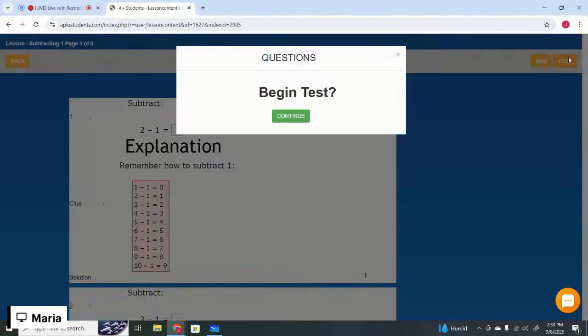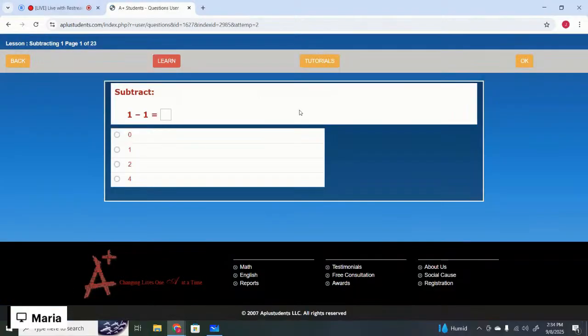Subtracting 1 means you just have to go back by one digit. One take away 1.